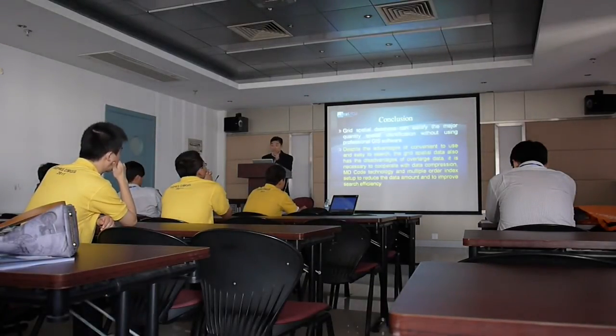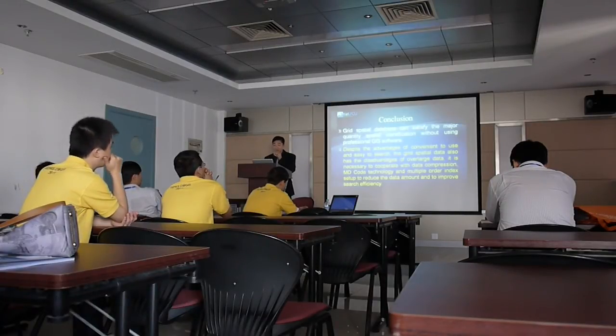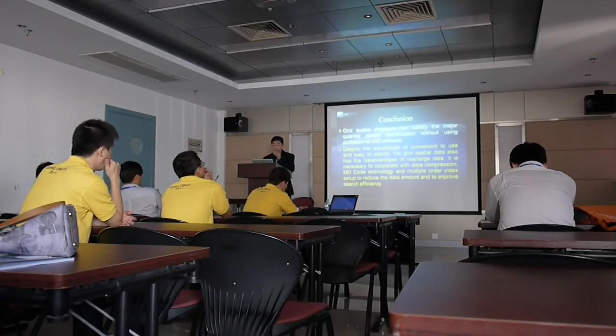Finally, a few words to conclude my presentation. From our research, we demonstrated that grid spatial database can achieve the massive jobs of spatial identification for raster map without using professional GIS software.